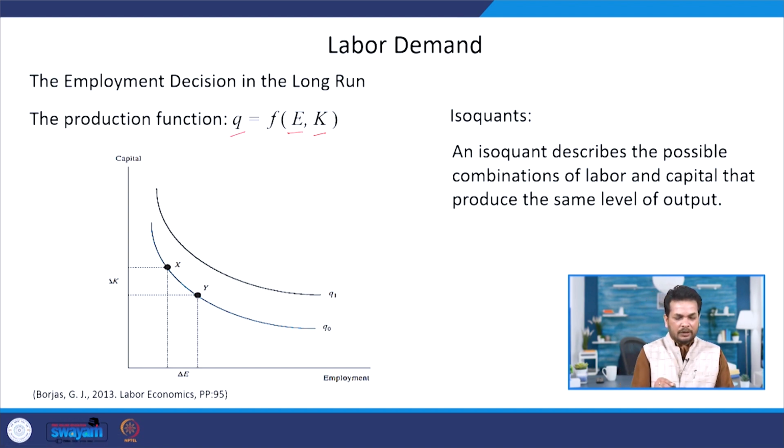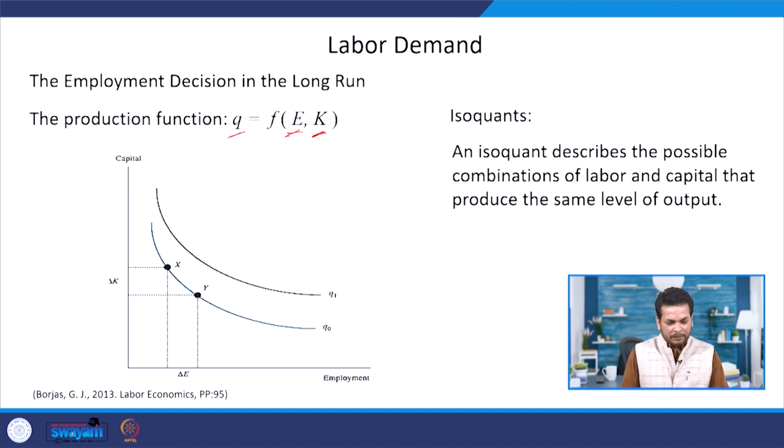So, any change in the output can come through a change in employment and a change in capital. The firm can produce any given level of output with different combinations of labor and capital.